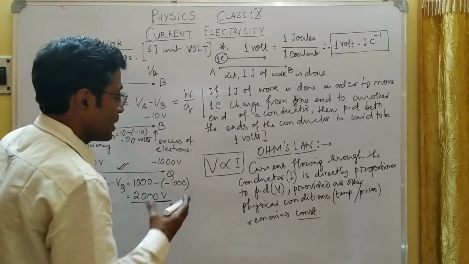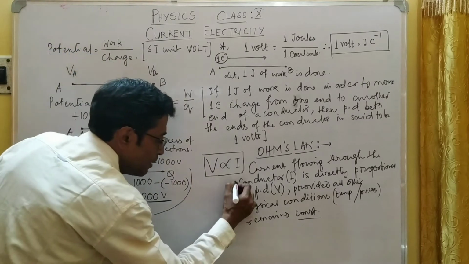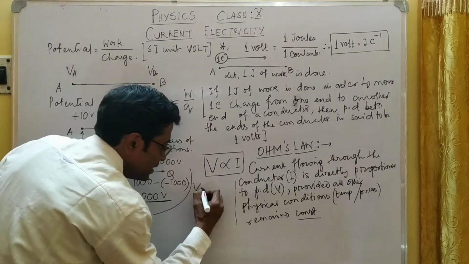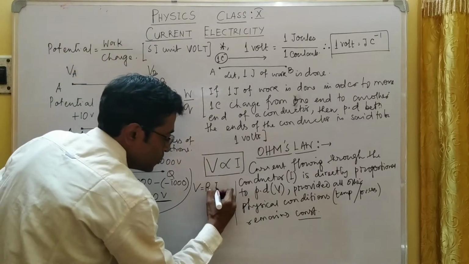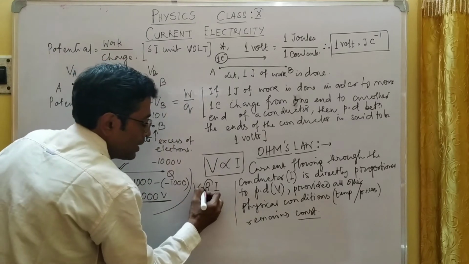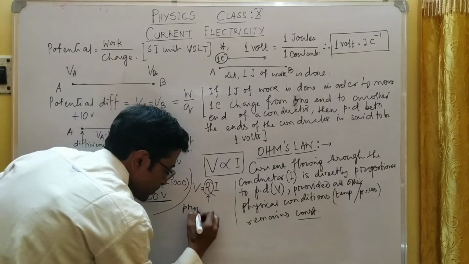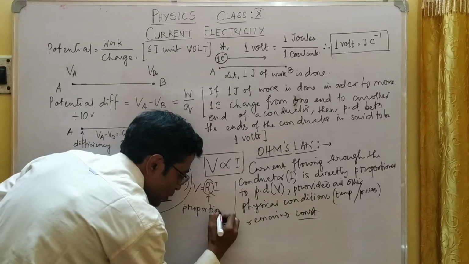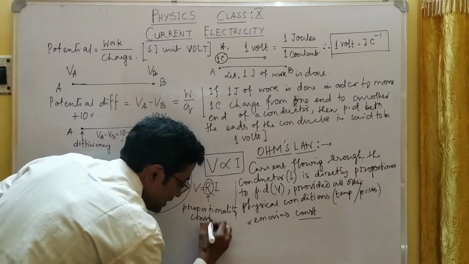So remember this one. After this line, in order to make an equal to sign here, I'll put it like this. V is equal to a proportionality constant R into I. So R is a proportionality constant. And what is the name?